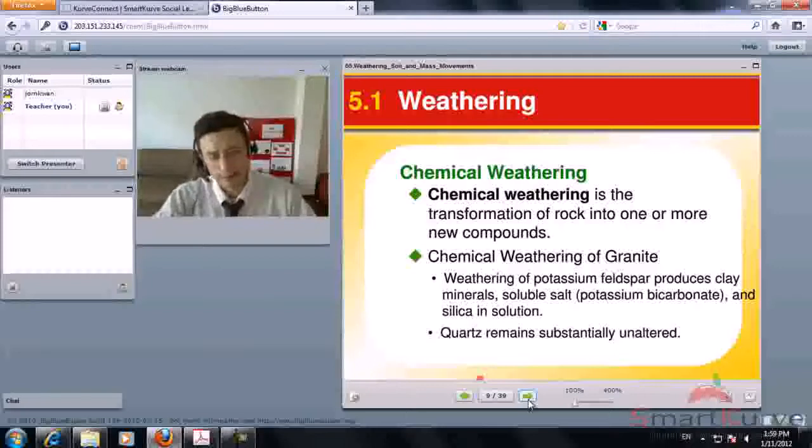Now remember what we learned in our lesson about minerals. We learned that many minerals are made of many different elements. For example, the silicate minerals are always going to contain the elements silicon and oxygen, but they also may contain elements like potassium and other alkali metals.